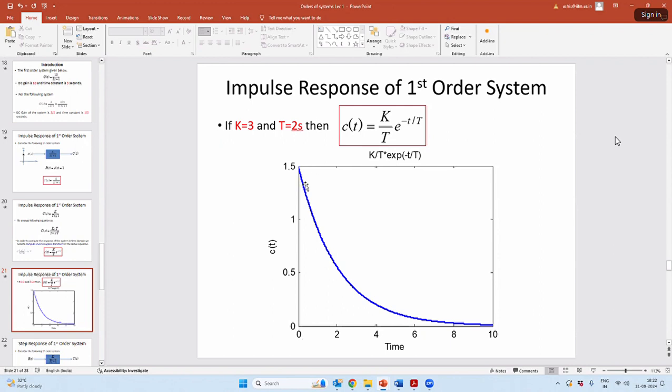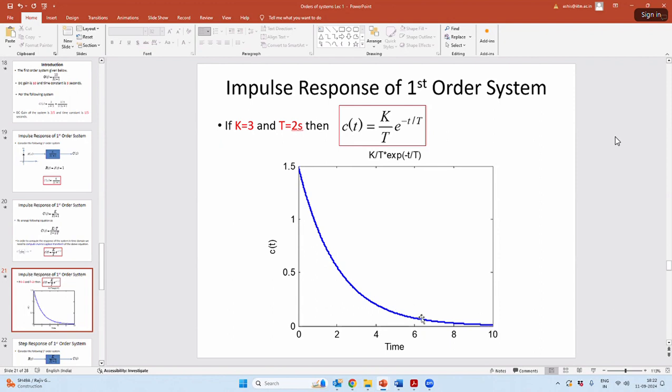So as soon as you give an impulse signal, your output matches the input and becomes k by t. Now there is no signal here, so your input is 0. So the output would have to come to 0, but it doesn't come down instantly like the input signal. The output decays following e to the power minus t by t, but finally it decays to 0.